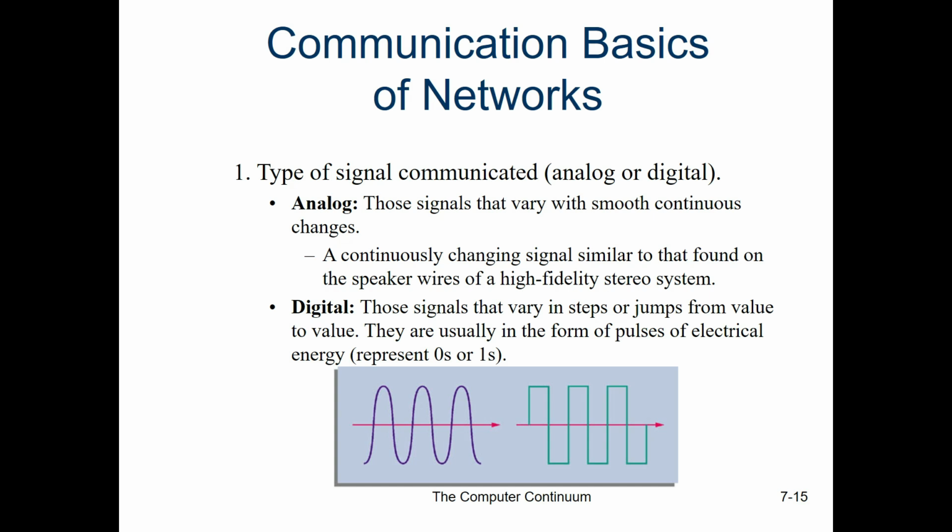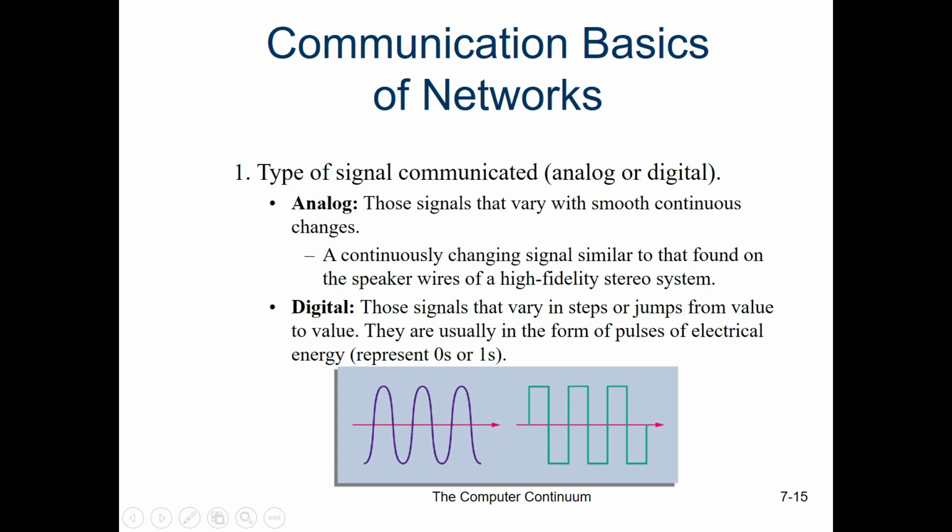Digital signals are those that vary in steps or jump from a high value to a low value, and they are usually in the form of pulses of electrical energy represented as 0 or 1. So that's how digital and analog signals work. I think you get the idea. Basically, an analog signal is a form of continuous wave of frequency.